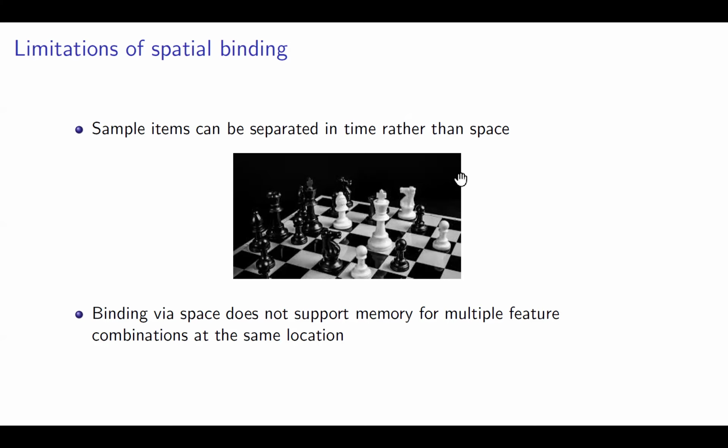But I guess the problem occurs for both cases. If you really have just these feature maps over space, you can have multiple features at the same location, depending on your exact connectivity. But if you have two colors and two orientations at the same location, you could no longer distinguish which of these colors belongs to which orientation if they're only bound to each other via this location information.